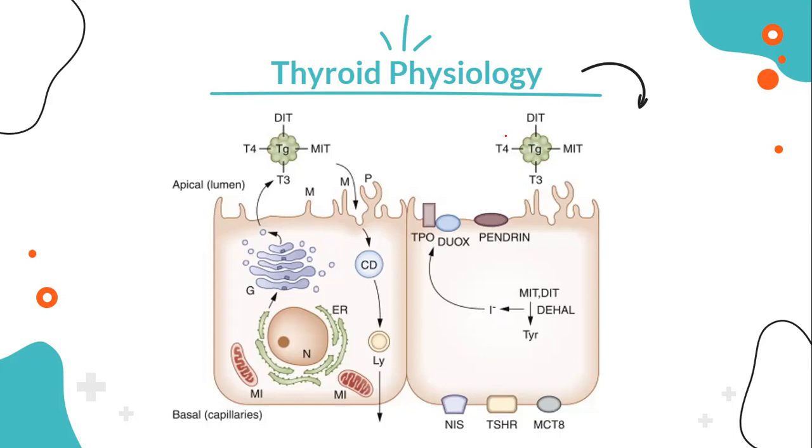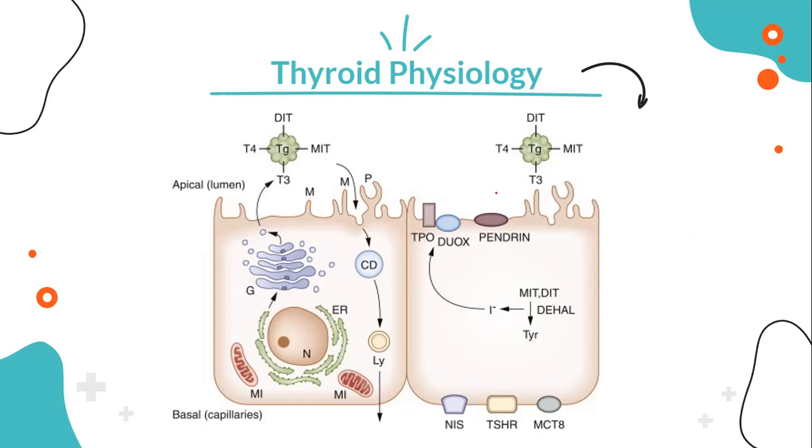So these hormones are saved inside a TG. And when there's a stimulation in which this cell starts working, what happens next?